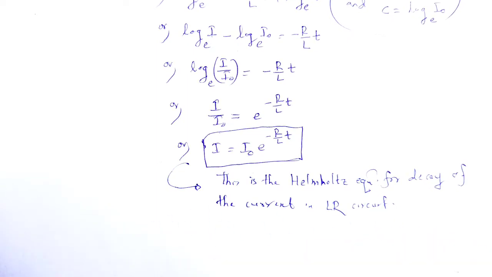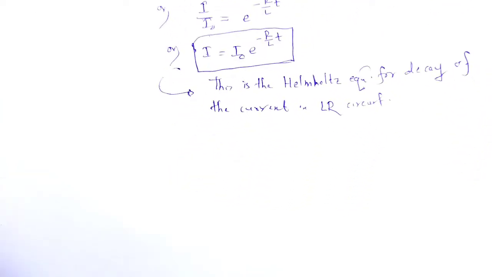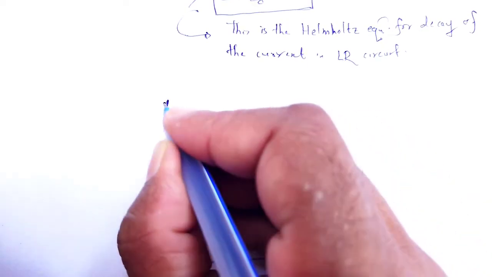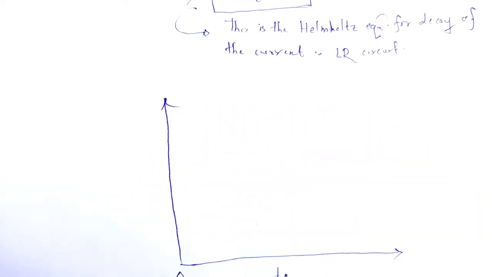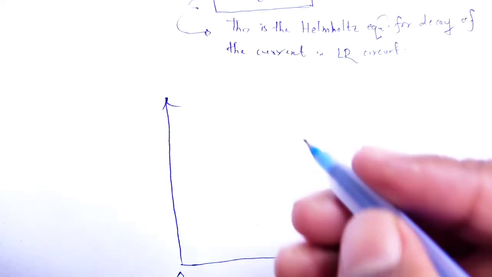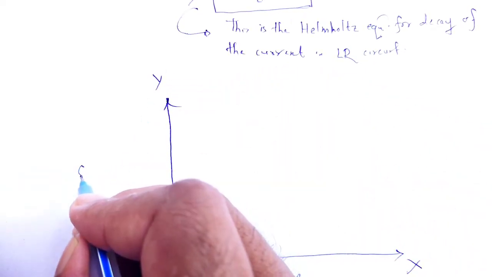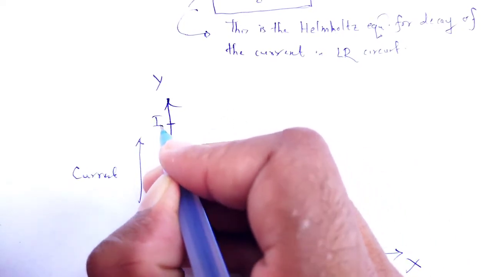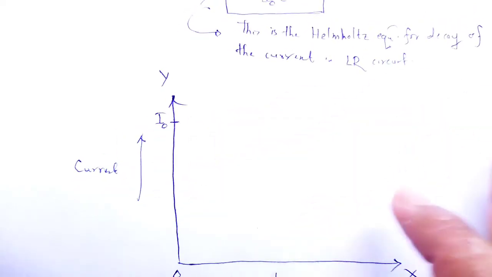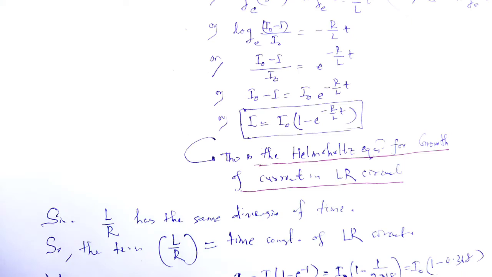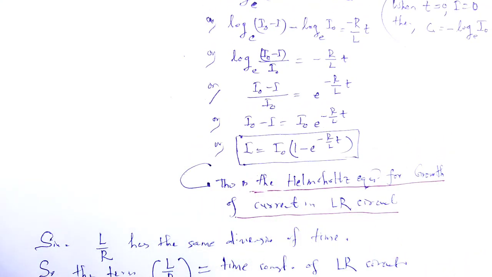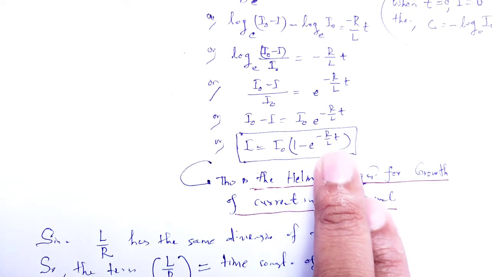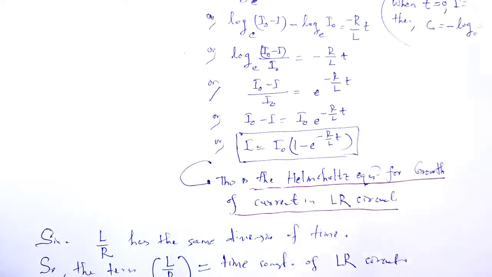Now, if we plot the graph between time, in x direction, and current in y direction, that be the maximum value of current I naught. So, in case of growth, I is equal to I naught times 1 minus e to the power minus R by L into t.